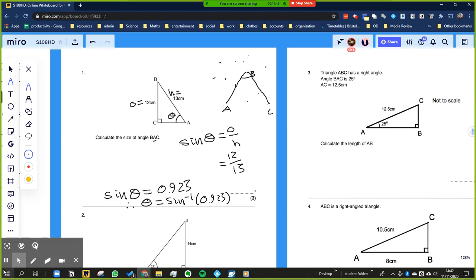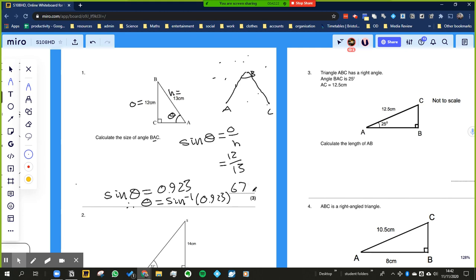How do I get that on my calculator? Next to the sine button, you'll notice, probably in yellow writing, it says sine to the minus 1. So to get that function, you press Shift, and then you click the sine, and then you do 0.923. That's going to be 67 degrees to the nearest degree.